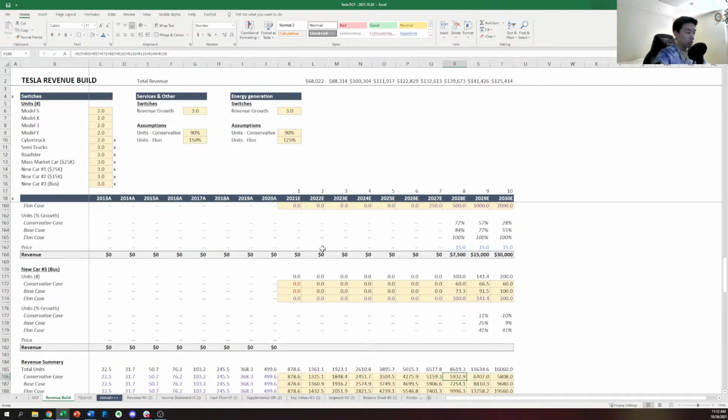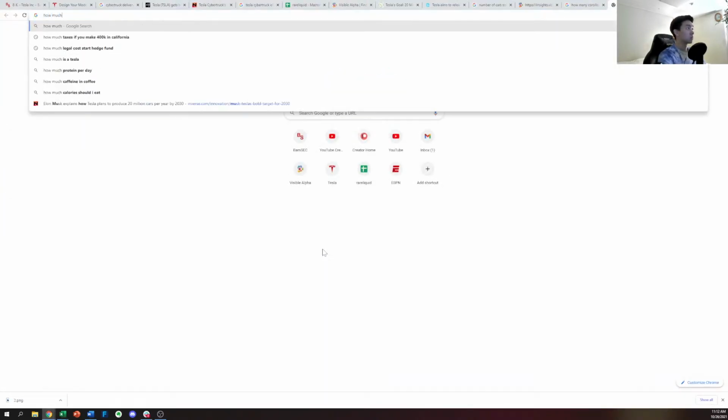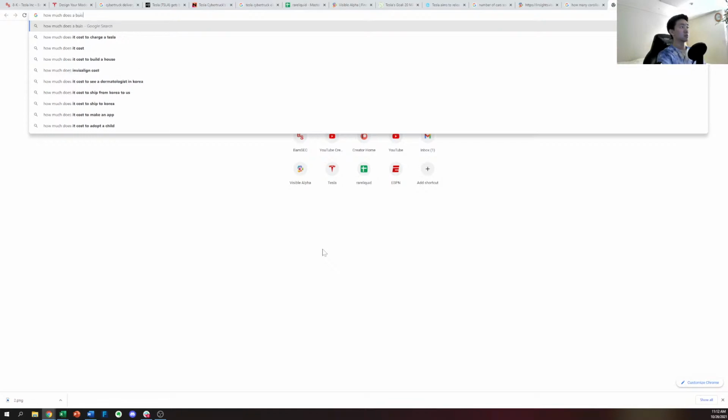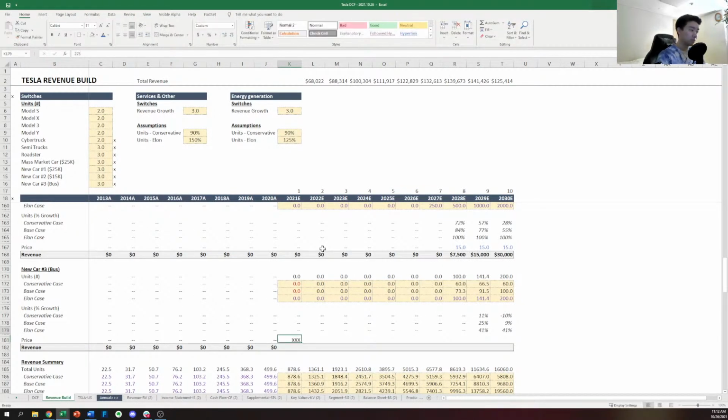New car bus. How much are buses? $250 to $280. So let's just call it $275.